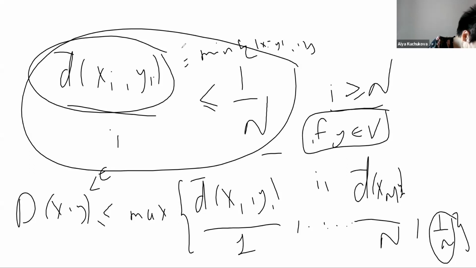Okay, and so what did we just do? We chose some V, and we showed that we can always make a ball so that it would cover the V basis element that we chose before.